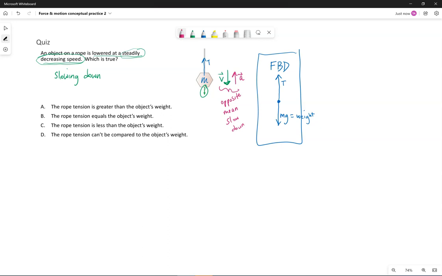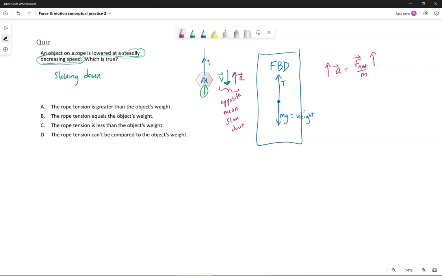The new stuff here is that the acceleration of an object is determined by the net force and then the mass. The direction of the acceleration is up. That means the net force must be up. The acceleration always has the same direction as the net force.